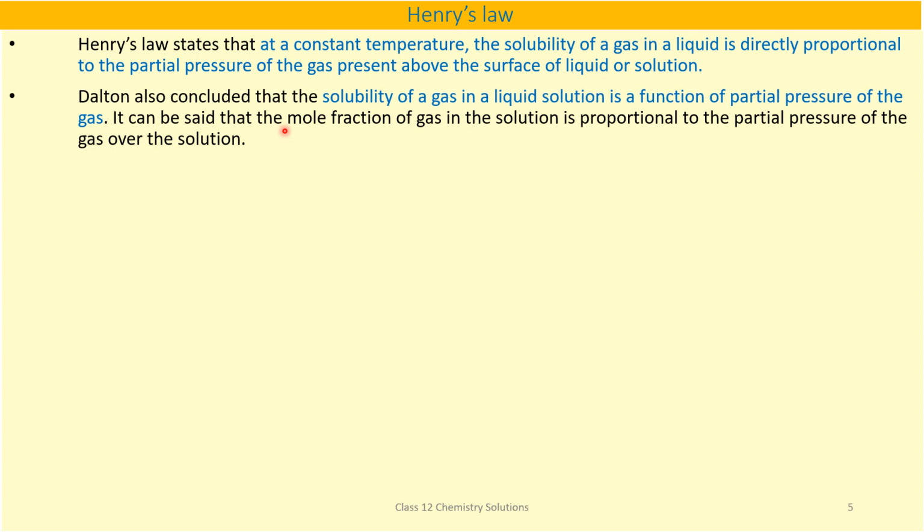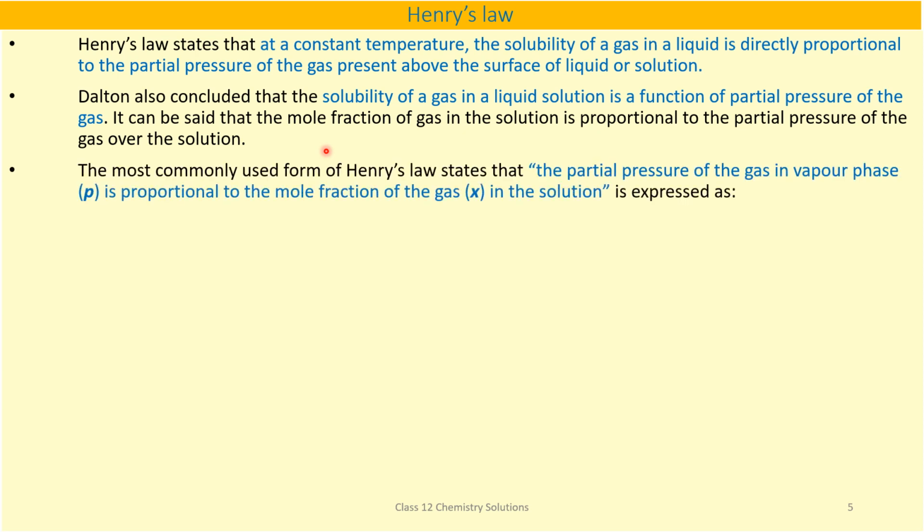Dalton also concluded that the solubility of a gas in a liquid solution is a function of the partial pressure of the gas. Thus, it can be said that the mole fraction, represented by the letter x, in the solution is proportional to the partial pressure of the gas over the solution.